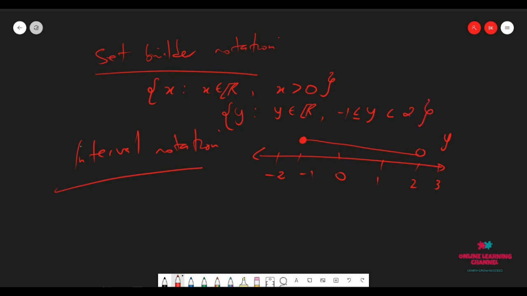So this is how you would translate this part to the set builder notation.